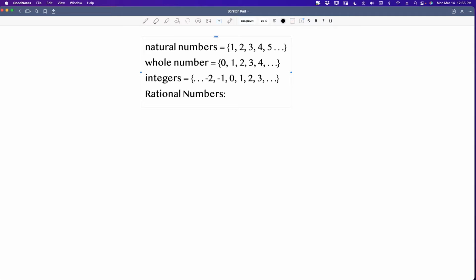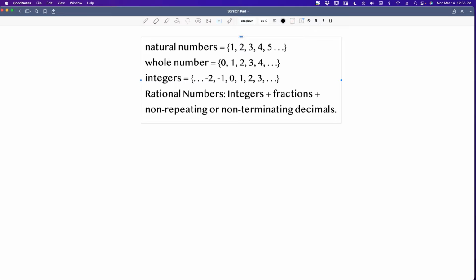So rational numbers are integers plus fractions and, let me see how to say this, repeating or terminating decimals.